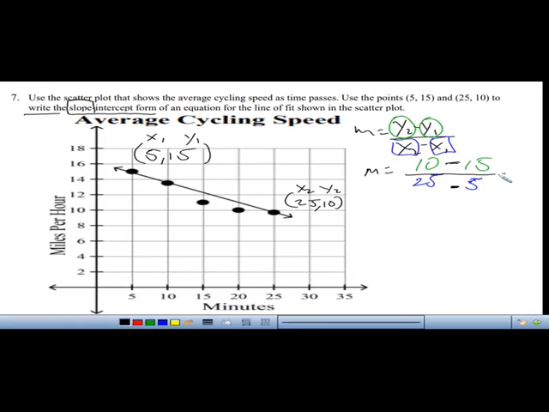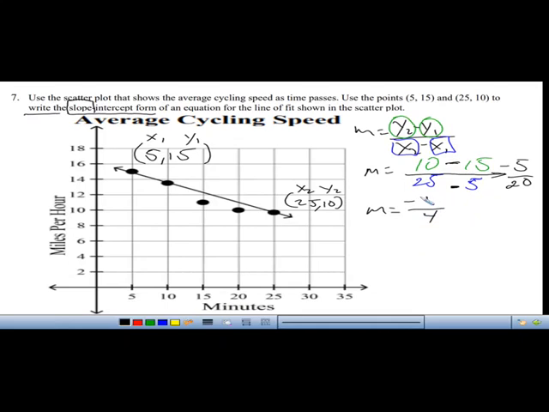All right, so now that we have our fraction, what is 10 minus 15 on the numerator? That is negative 5. What is 25 minus 5 on the denominator? That's 20. M equals, so let's simplify negative 5 over 20, and that gives us negative 1 over 4. And what does that mean if we interpret the slope?